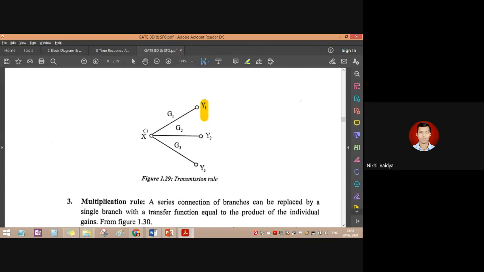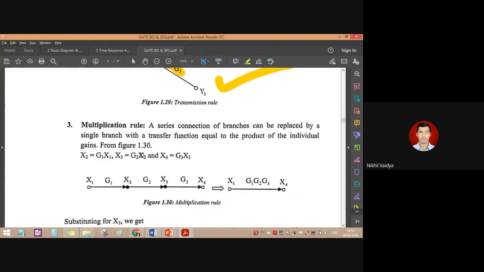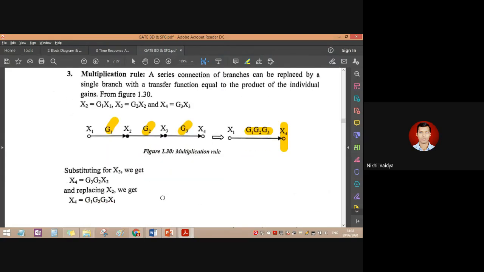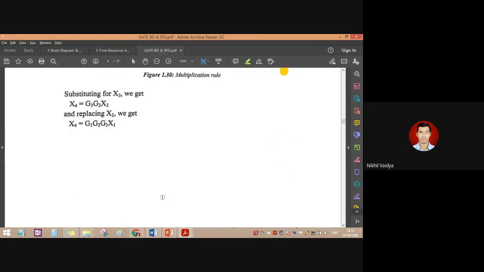What will be the value of y1? x1 into g1, value of y2, x2 into g2, and what will be the value of y3? x3 into g3. That is the transmission rule. And the multiplication rule is the same as in our block diagram. Multiplication rule means final x4 will be the multiplication of all the path gains, so g1 into g2 into g3. So that is nothing but our signal flow graph.